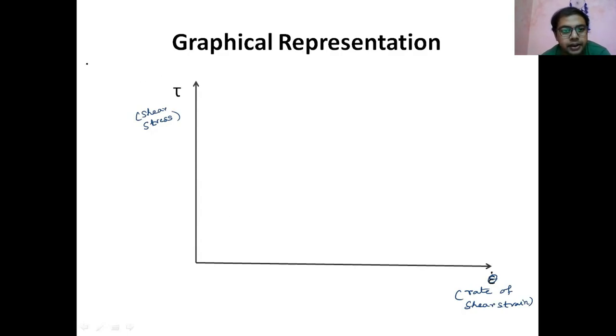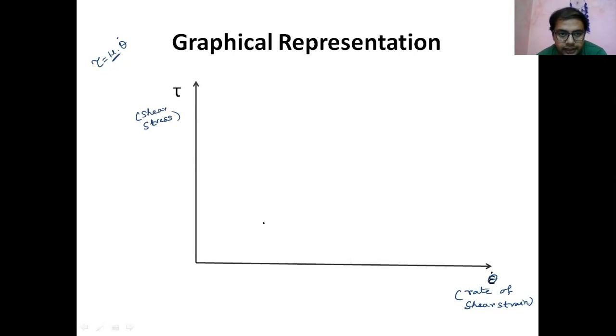The Newtonian fluid equation, as you have seen, is tau is equal to mu into theta dot. So it's a straight line equation and mu is a constant. It goes through the origin, of course, because if theta dot is equal to 0, then tau is also 0.